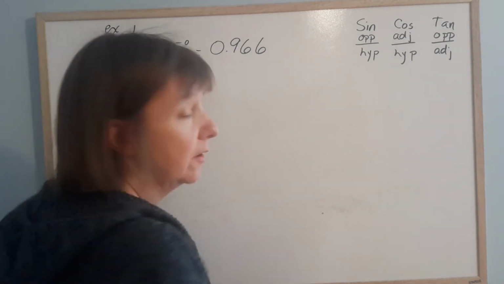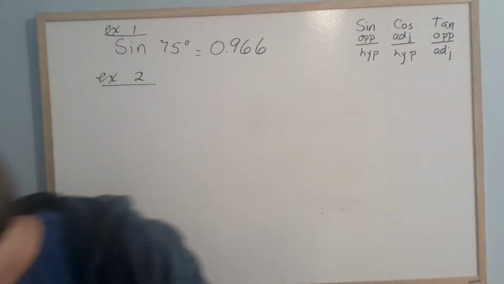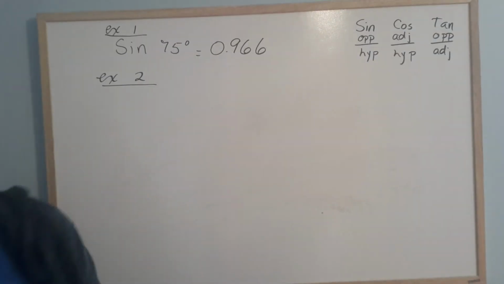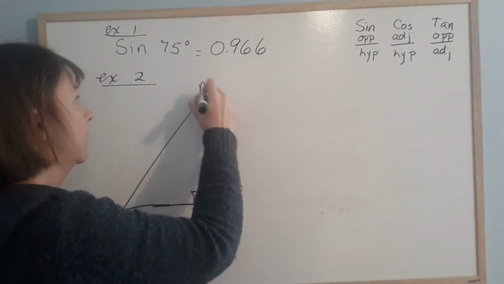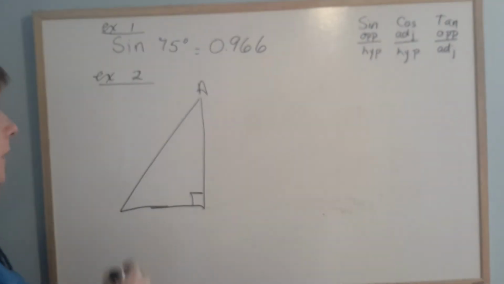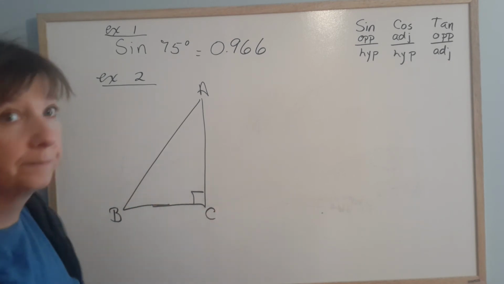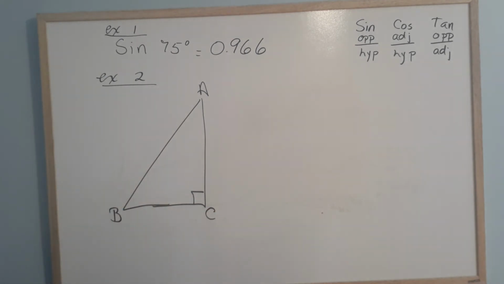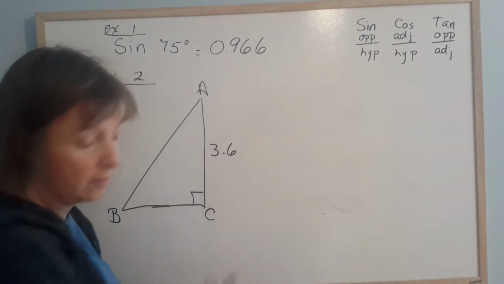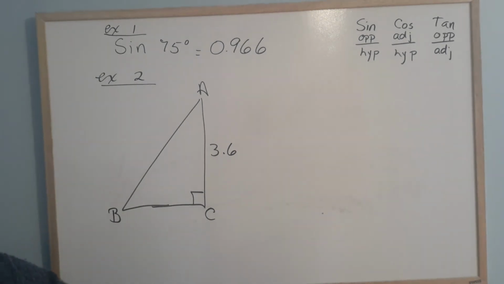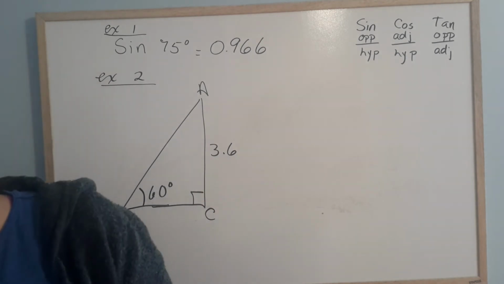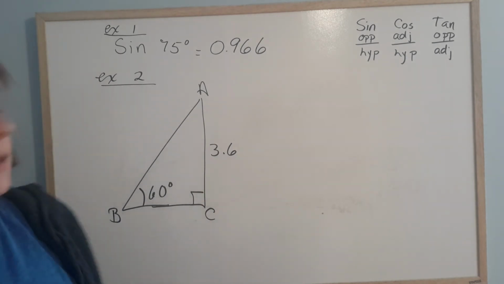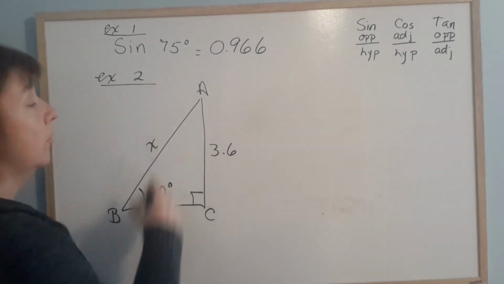They give you a triangle, again, it's a theme, and they give you A, B, and C, and they tell you this side is 3.6, and this angle is 60, and they want to know the length of A to B.